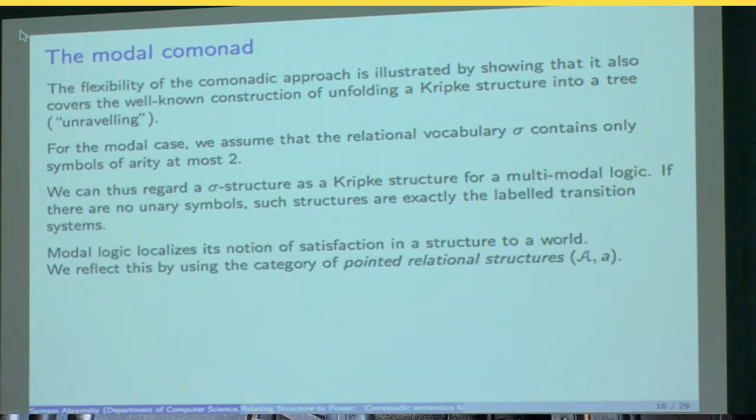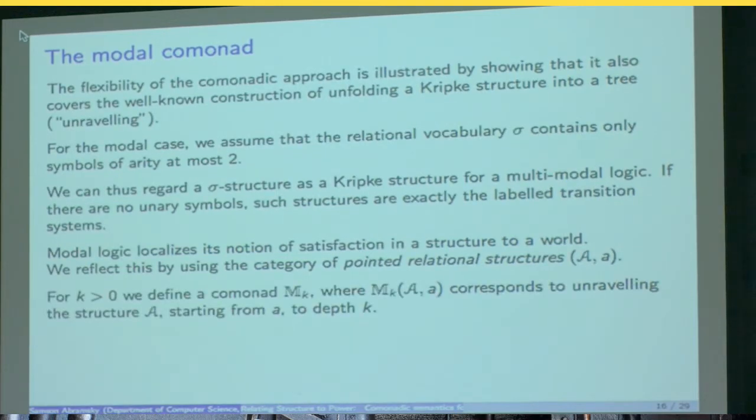And one interesting point is that modal logic localizes, it's a local semantics by comparison with full first order logic. Instead of being able to roam at will over the structure, you're at a particular world, and then you're at the worlds you can reach by following these transitions. And the natural way of reflecting this is to use the category of pointed relational structures.